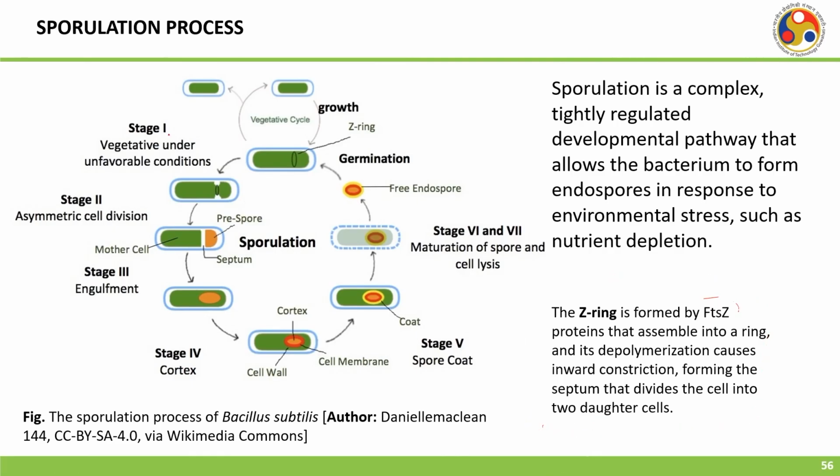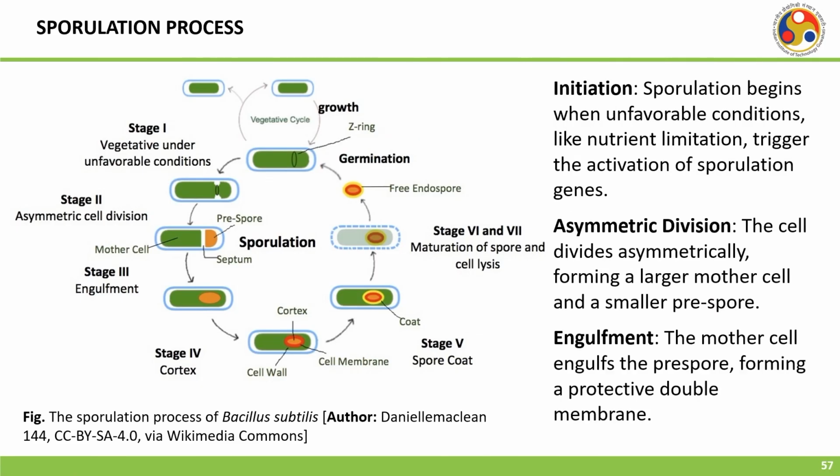We can simply divide the process into stage 1, stage 2, stage 3, stage 4, stage 5, stage 6 and 7, and then germination occurring. We will now discuss all these various stages in a little bit of detail.